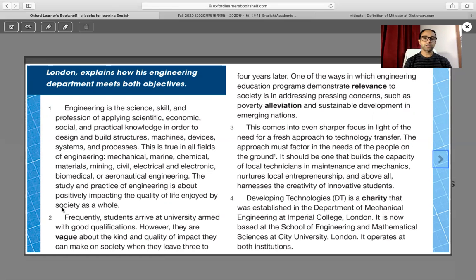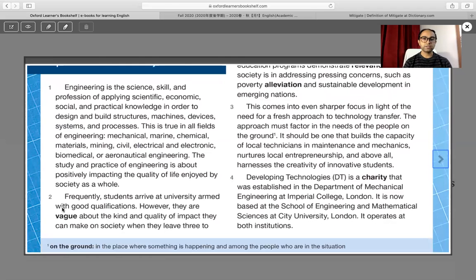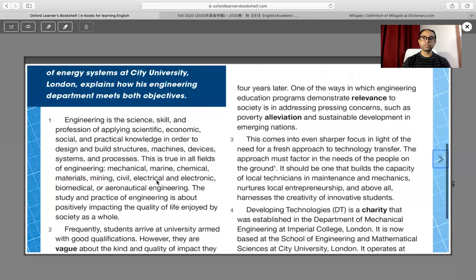Frequently, students arrive at university armed with good qualifications. Armed means they already have it. However, they are vague about the kind and quality of impact they can make on society when they leave 3 to 4 years later.